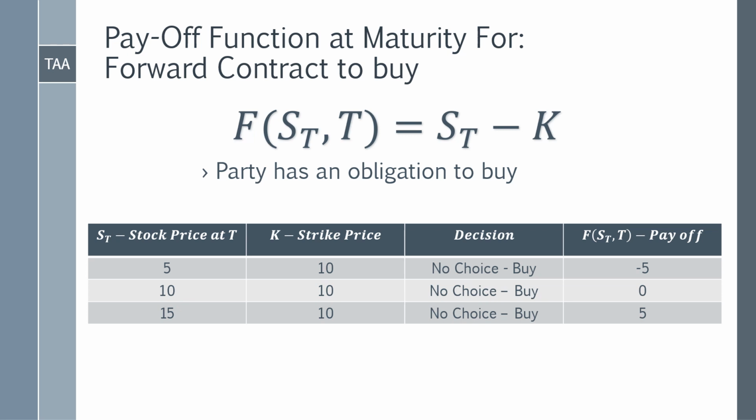However, because this is a forward contract, we actually have no choice but to buy. Therefore, we have to buy the $5 stock for $10, getting a -$5 payoff. Similarly, if it's $10, we'll have to pay $10 for it and therefore have a payoff of 0. And if it's $15, again, we'll have to buy it for $10, which is a good outcome, and our payoff is $5.